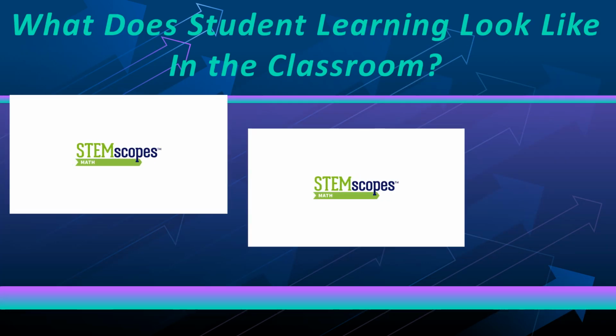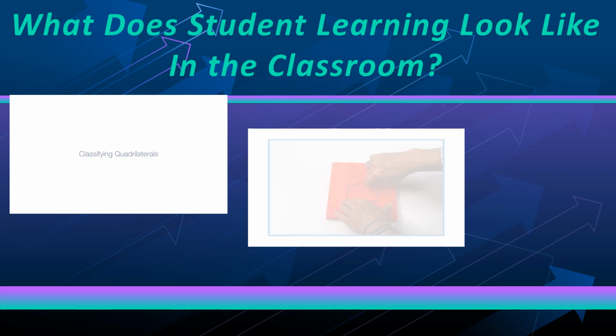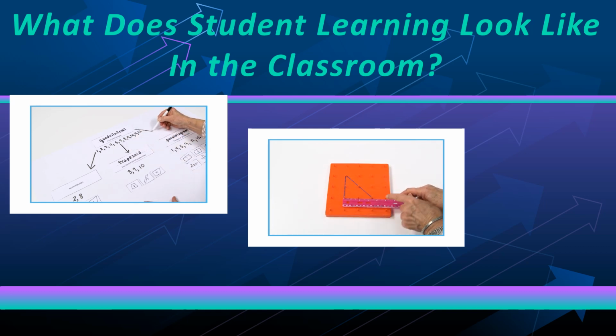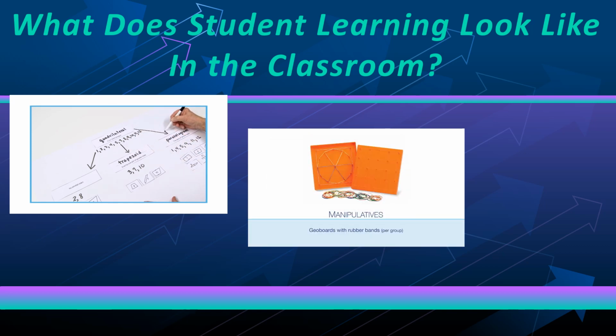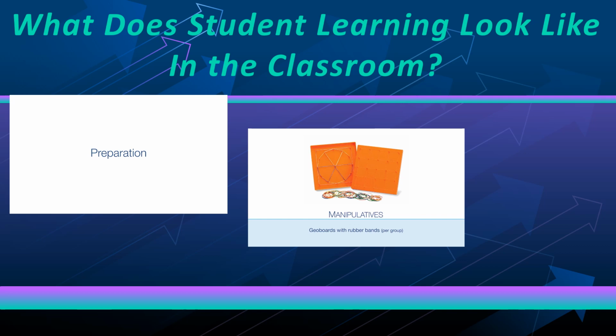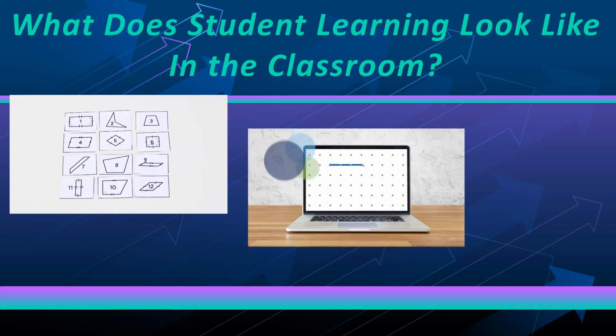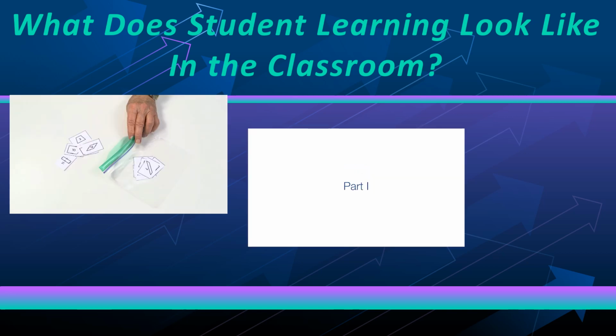What should we see happening in the classroom to help students achieve these goals? Here we see two short segments taken from STEMscopes Explore lessons. Students will be asked to identify and label the attributes of the two-dimensional figures and classify them based on those attributes.